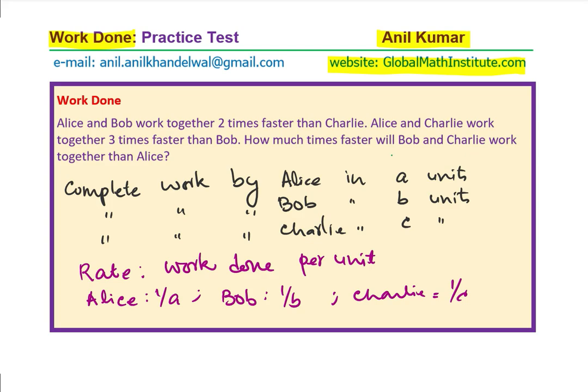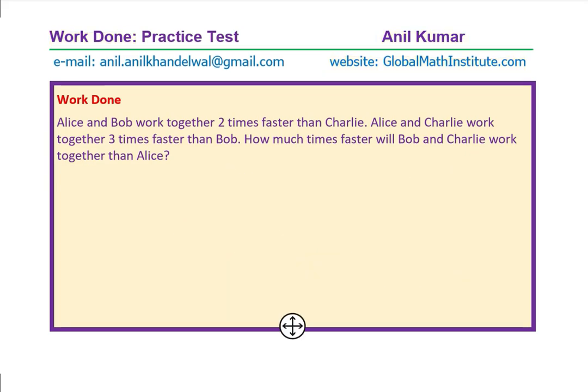Okay. So we defined our variables and now we'll read the statement and try to write the equation, correct? The first statement is Alice and Bob work together 2 times faster than Charlie. That means 1 over A plus 1 over B. That is the work done by both Alice and Bob together.